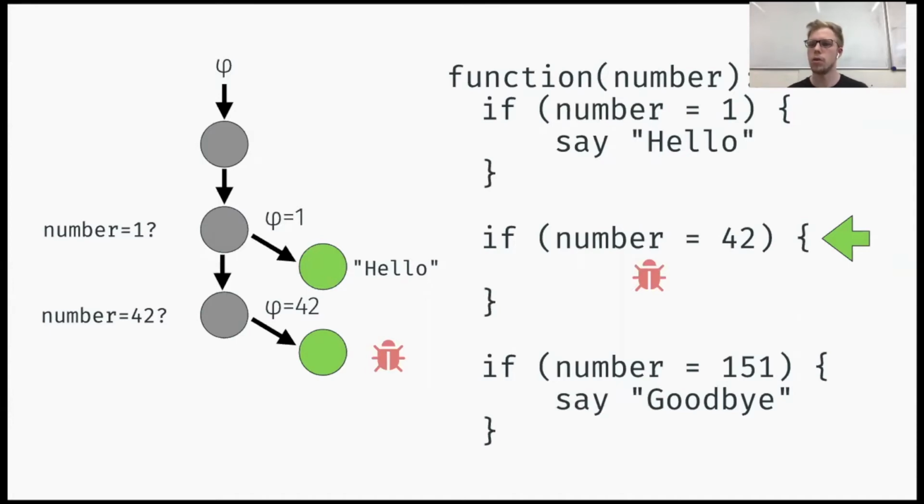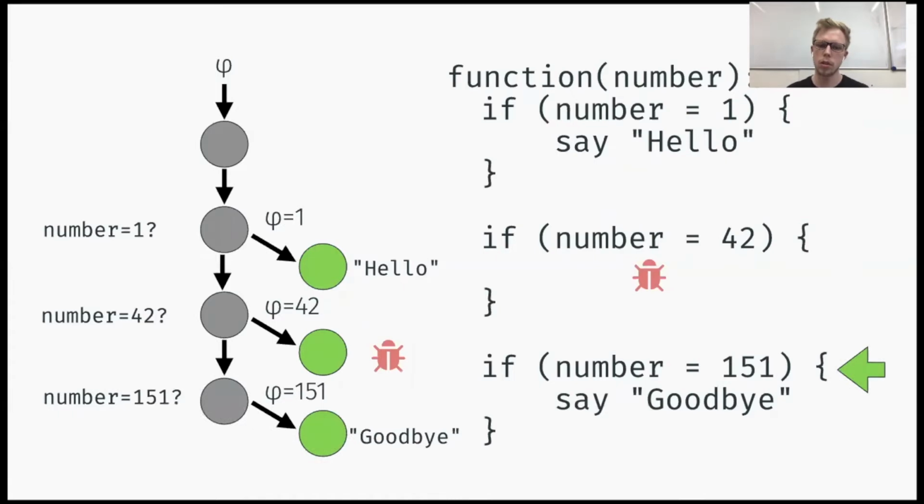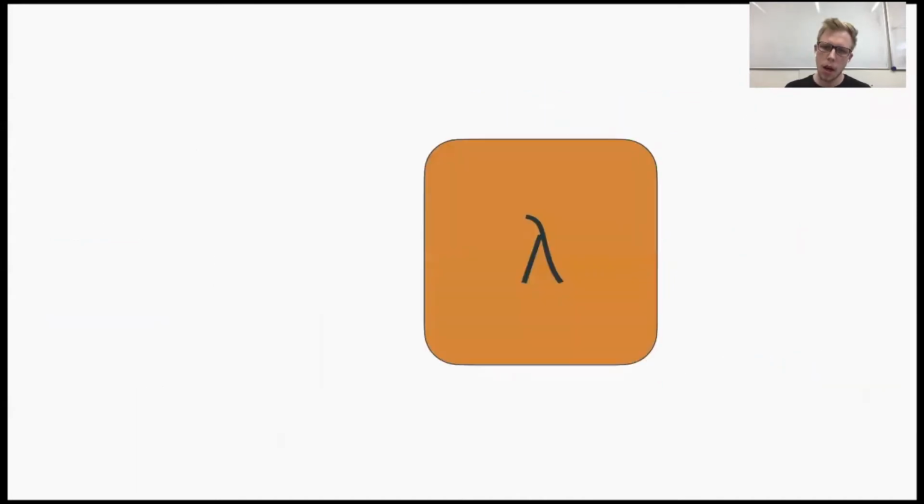We would do this again here. So if the number is 42, we would go into the buggy code. Otherwise, we would again continue and thus have explored all the possible states in this program. What we do then is we have this tree of the state space, and we encode this into a logical constraint system.